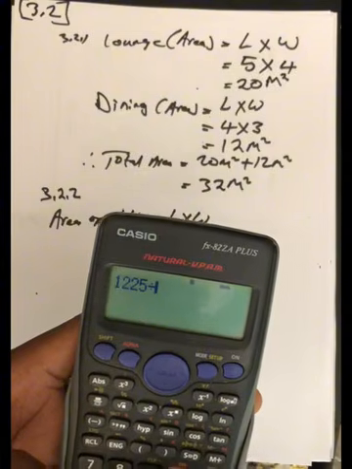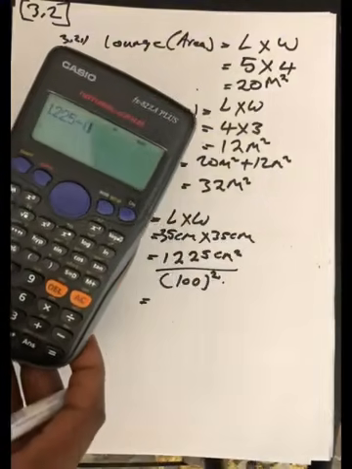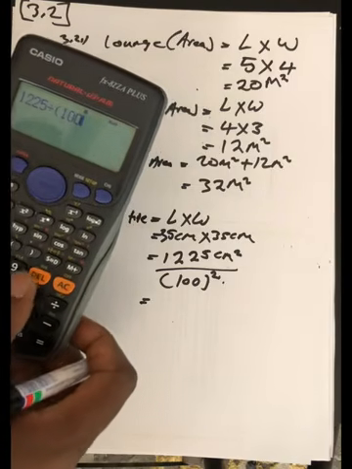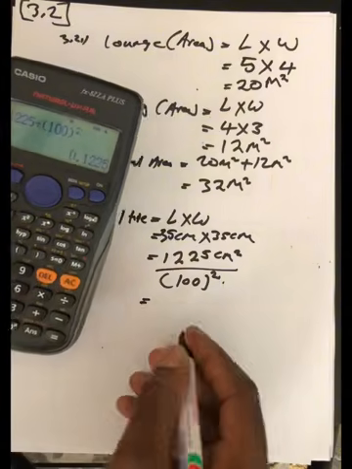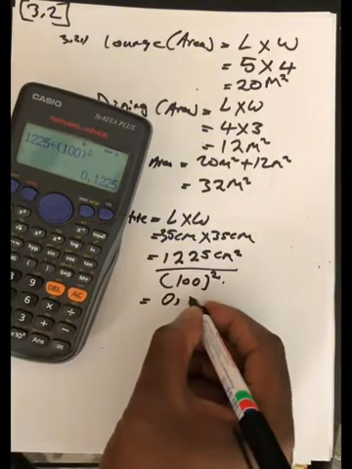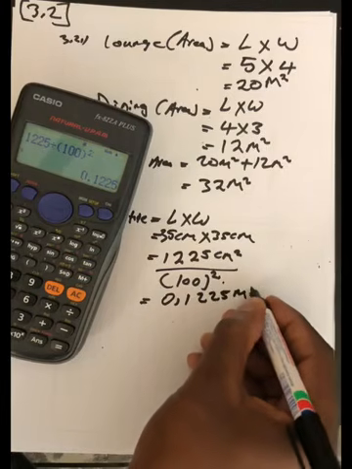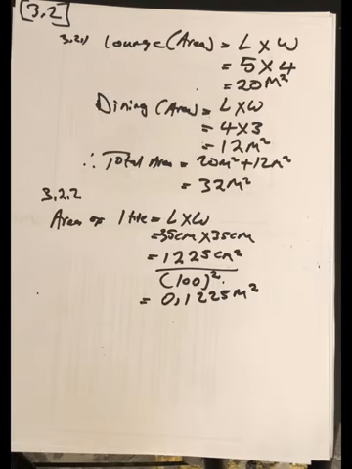Don't forget, we just use a calculator without changing a thing. 1,225 divided by, open brackets, 100 squared. You find that your answer is 0,1225 meters squared. So we are now in a position of having the area of one tile.